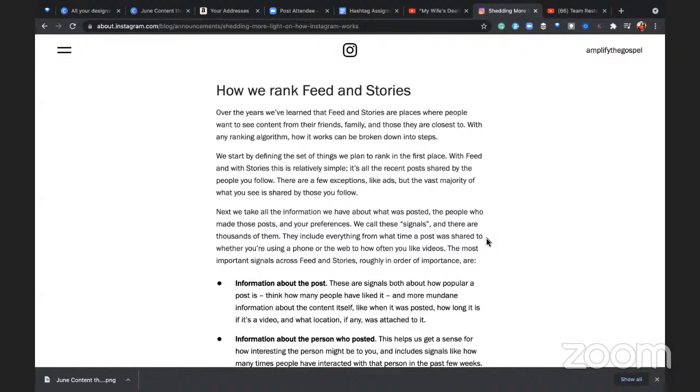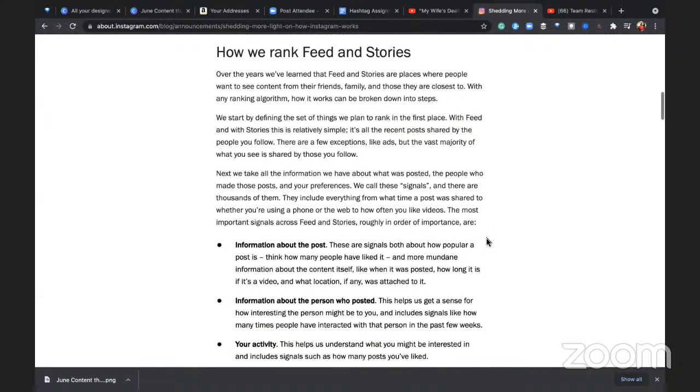The most important signals across feed and stories, roughly in order of importance, are: one, information about the post. These are signals about how popular a post is, think how many people have liked it, and more mundane information about the content itself, like when it was posted, how long it is if it's a video, and what location, if any, was attached to it.